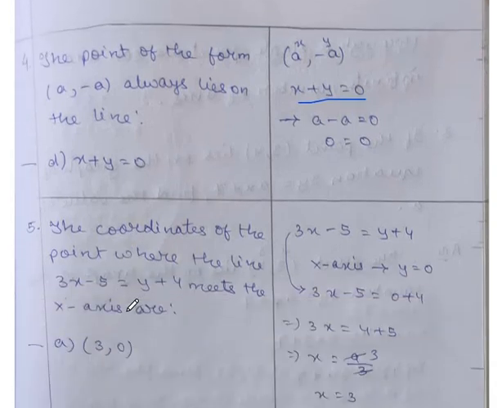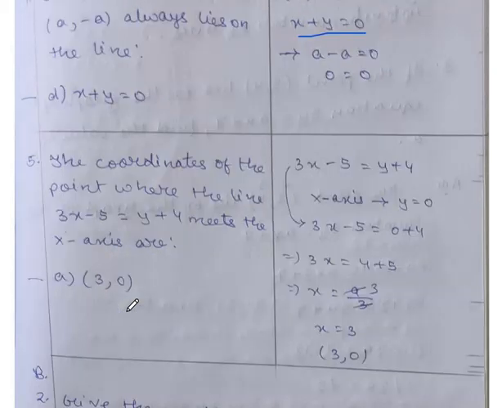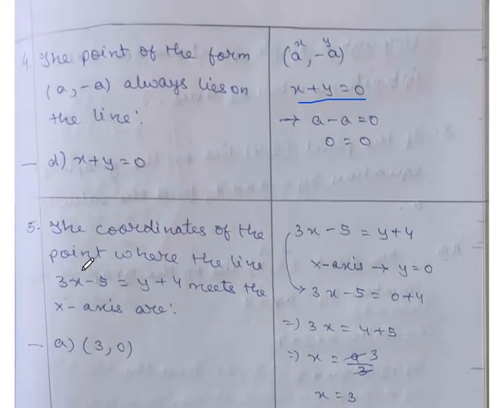Now, question number 5. The coordinates of the point where this line meets the x-axis. If the line is meeting the x-axis, then definitely y has to be 0, because the x-axis equation is y equal to 0. So in this equation, in place of y you put 0.